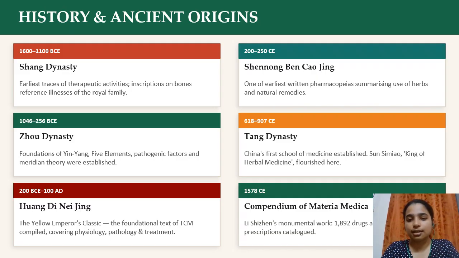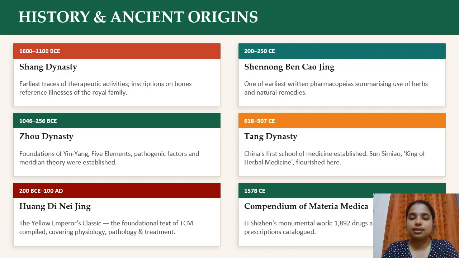Next in CE comes Tang dynasty. Tang dynasty set up the first school of medicine or the first school of herbal medicine in China, and Sun Simiao, the king of herbal medicine, established the first school of herbal medicine. And the last one is the Compendium of Materia Medica.